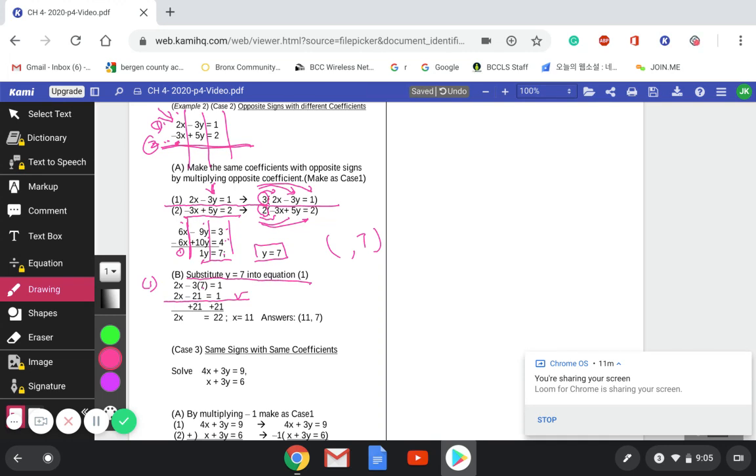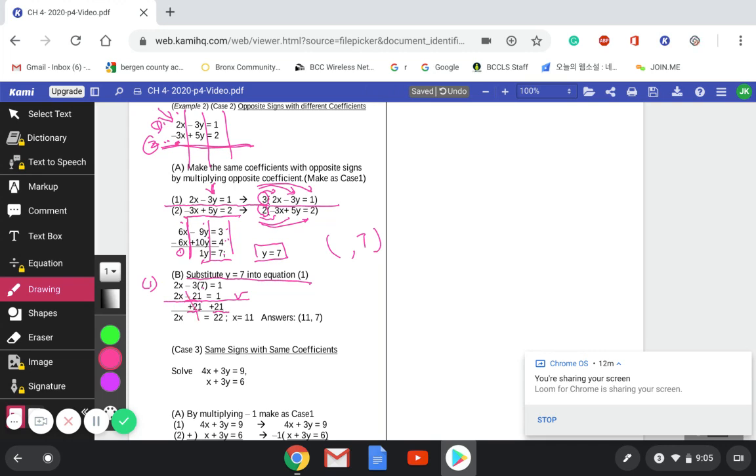So you have to move everything without the x to the other side of the equal sign by doing the opposite operation. So for minus 21, to move it, you do plus 21 on both sides. Make sure you understand you have to do both sides, otherwise the equality of the equation changes.